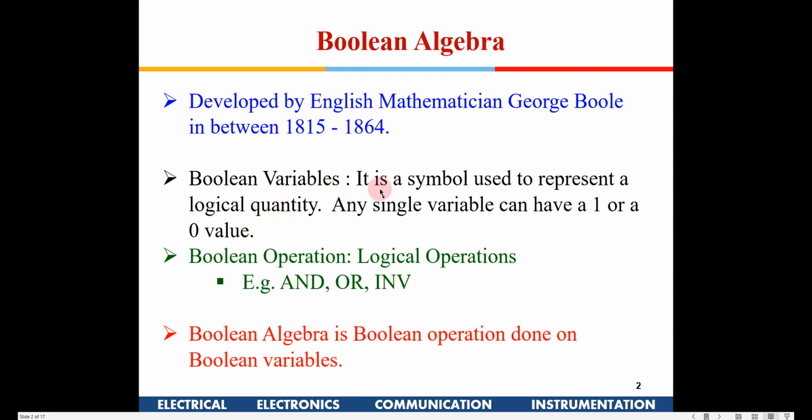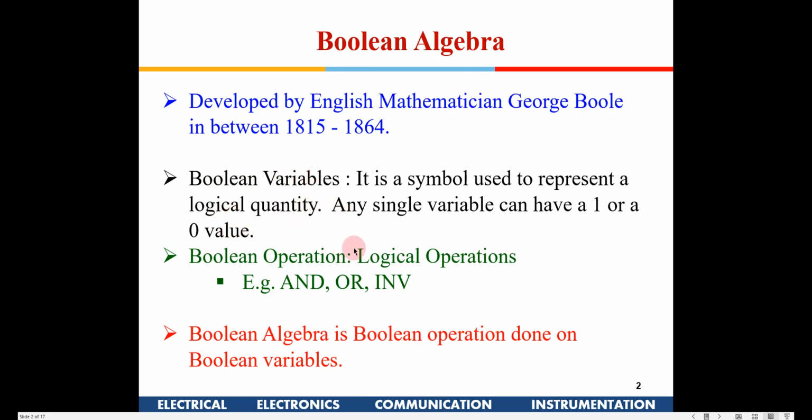Any variable in the digital system can have only 2 values, that is what we learned: 2 logical values, which is a logical 0 or logical 1. So a logical input A, B, C, D, or an output F, they are all known as Boolean variables.